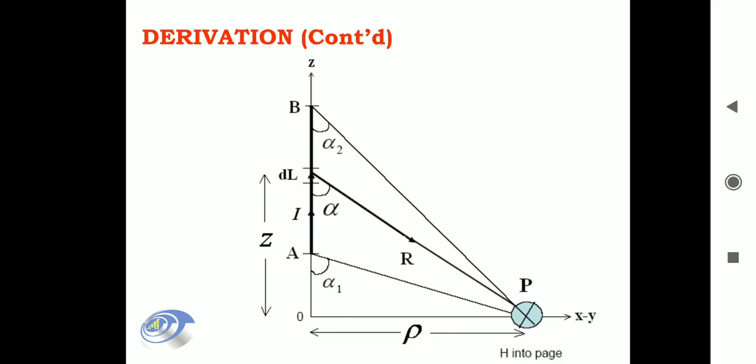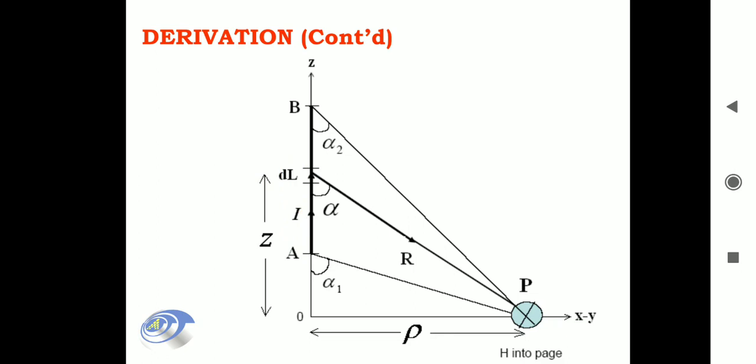It carries a current I in this direction. The perpendicular distance from a point P to the z-axis is rho. This rho can also be used as r. So r is nothing but rho.